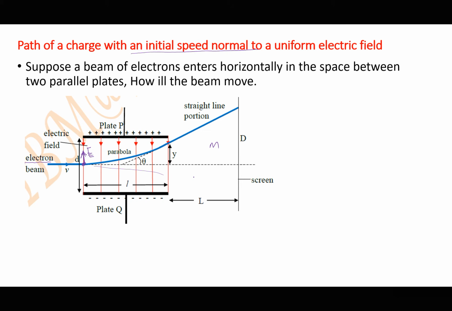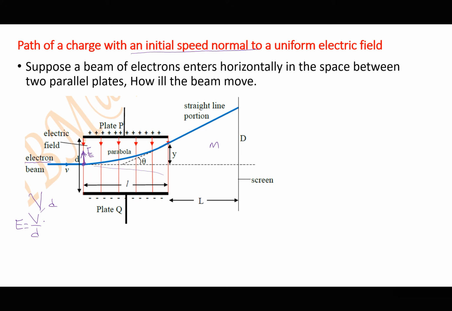Let us consider capital V to be the potential difference between the plates, and small d to be the distance between the plates. From those two quantities, we know that the electric field strength E is defined as V over d.